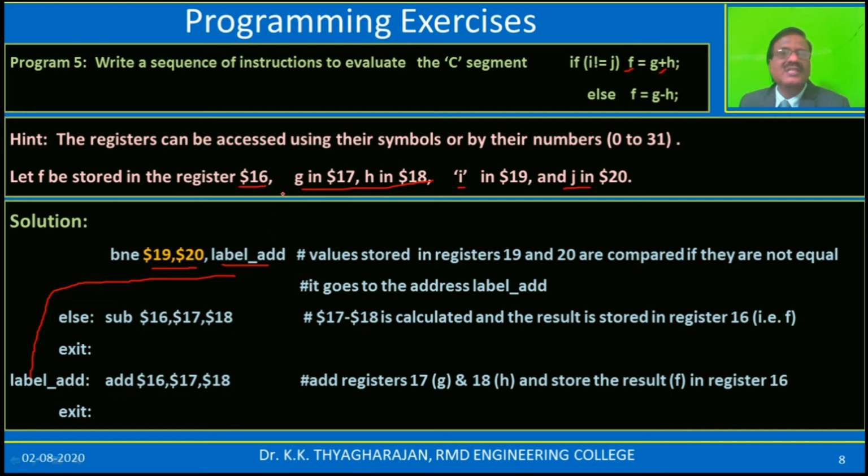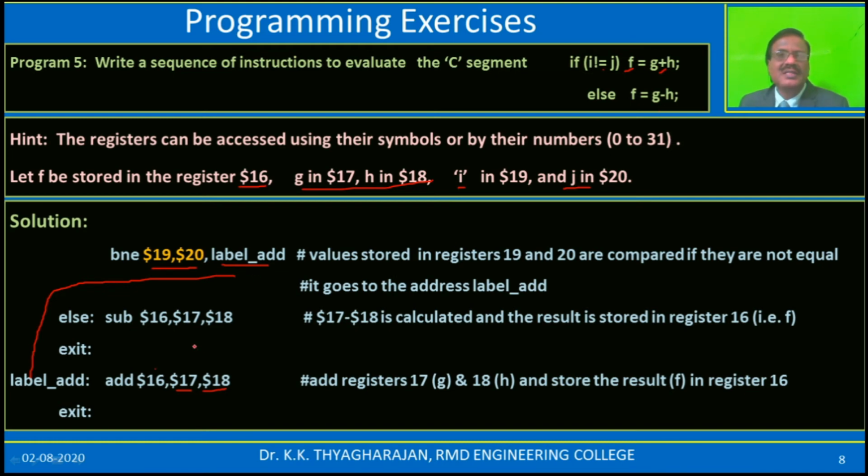So g is where? In 17, h is in 18. So you use the add instruction: add register 17 and register 18 and store the result in 16. 16 is f. So if i and j are not equal, it will add g and h and store it in f.